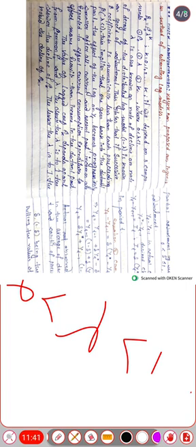Lambda is also known as the rate of decline or the rate of decay of the distributed lag model. Here 1 minus lambda is known as the speed of adjustment.